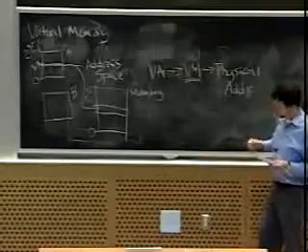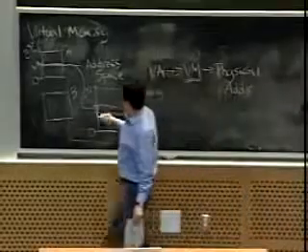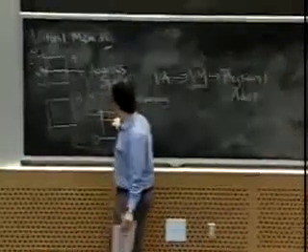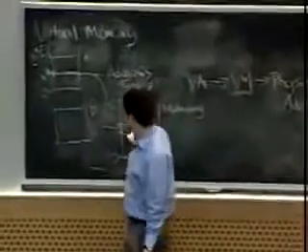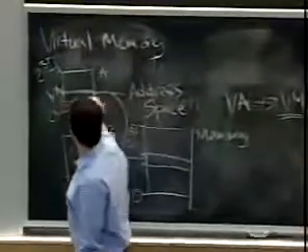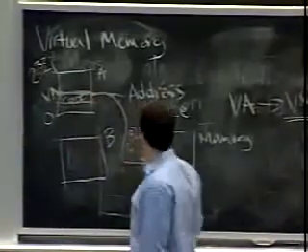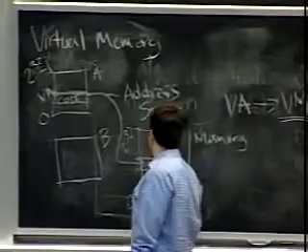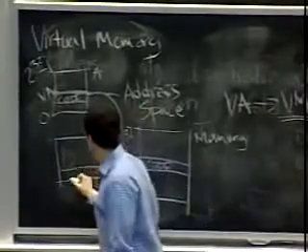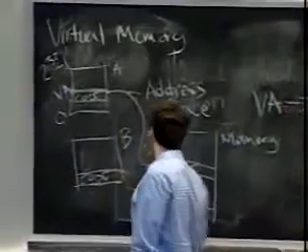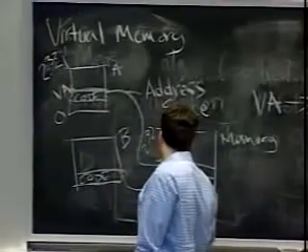So now the idea is that each thing that, say, a process A or B might want to reference is going to be mapped into some different location within this memory. So for example, the code from process A or from module A is going to be mapped into one location, and the code from module B is going to be mapped into a different location in the physical address space.